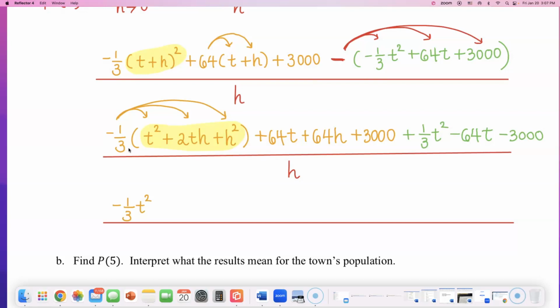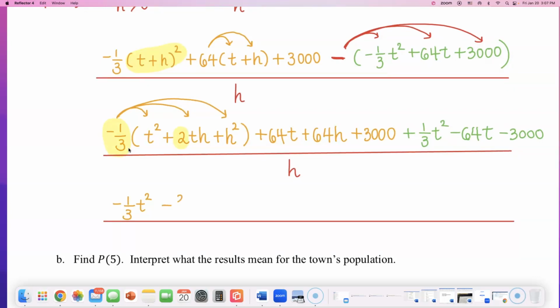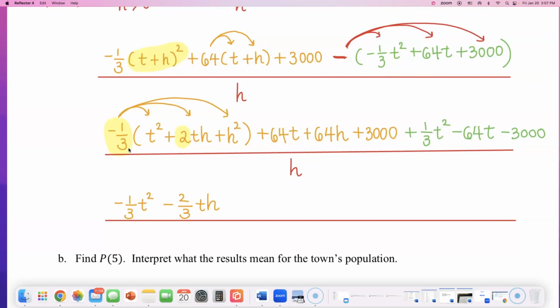Now, if I do negative 1/3 times 2, you agree that's going to be negative 2/3, right? Negative 2/3 th. And then now multiply this negative 1/3 to this h squared. That will be minus 1/3 h squared. All right, I'm done distributing this.